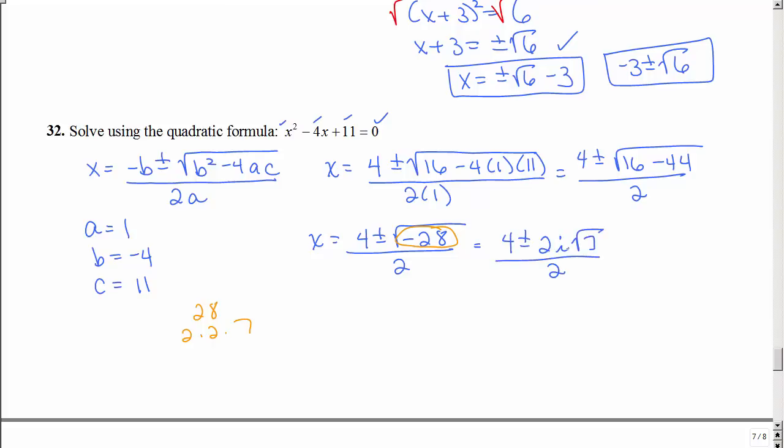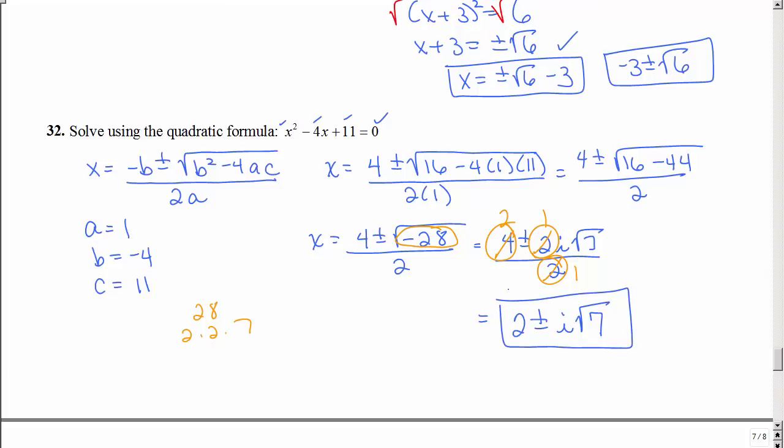And yes, I put my i in front of the square root. A lot of teachers put it after the square root. Either way is okay. Now and only now can you reduce, since all three of those are divisible by 2. So dividing by 2, this is what I have left. 2 plus or minus 1i times the square root of 7 over 1.